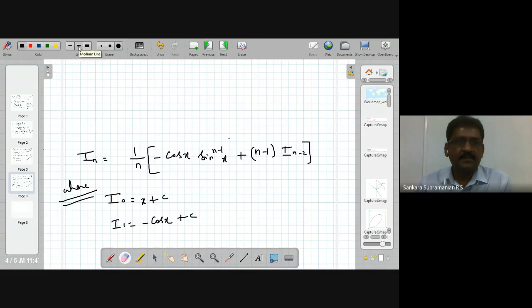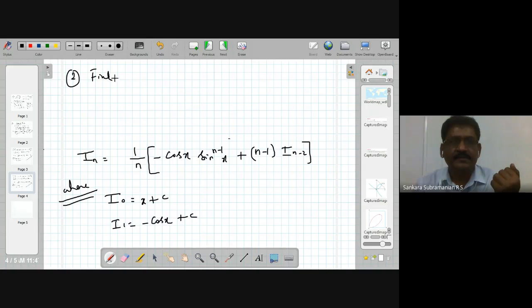Second question, find or evaluate the integration of sine power 4x into dx. This is the question.